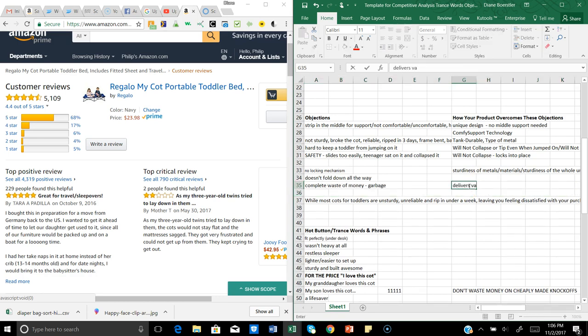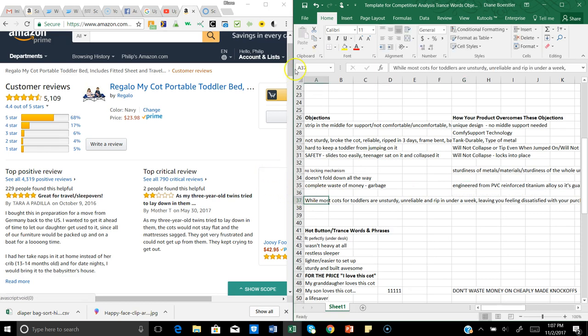Delivers value, engineered from, you'd say the type of material, so like titanium, PVC reinforced titanium alloy, right? There you go. Titanium alloy. So it's guaranteed to last, guaranteed to outlast your child's bed or something like that. Okay.